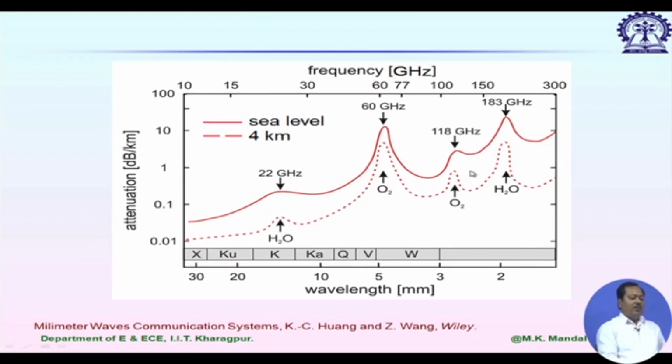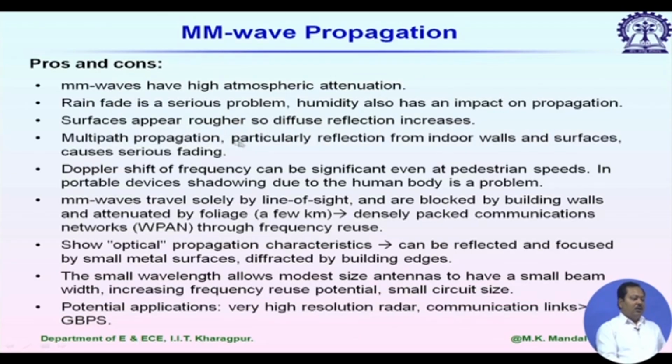So, at millimeter wave frequencies, even if we do not use the attenuation bands, in the windows in between the attenuation will also be higher. But if we go high in the atmosphere, in that case we can decrease the attenuation to some extent, for satellite communication typically. So, millimeter wave has high atmospheric attenuation compared to microwave signals.